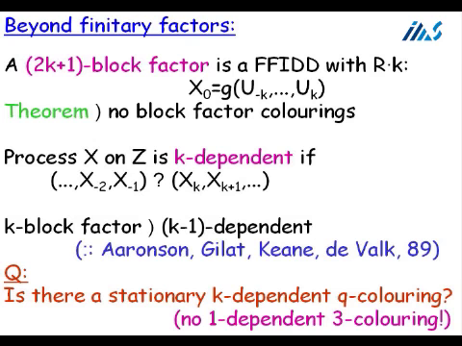And so one natural question is whether or not there's a k-dependent Q coloring on Z. That's a P block factor, not Q. No, Q minus 1 dependent and it's not a P block factor.